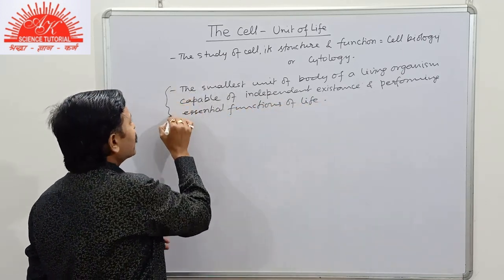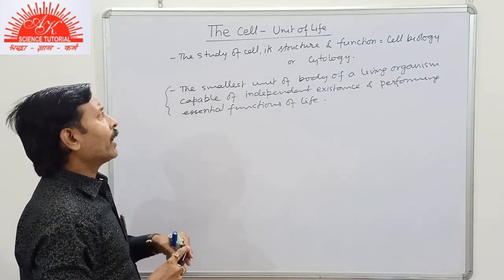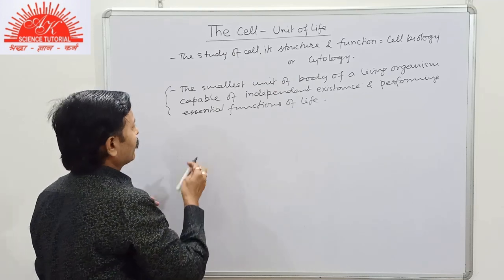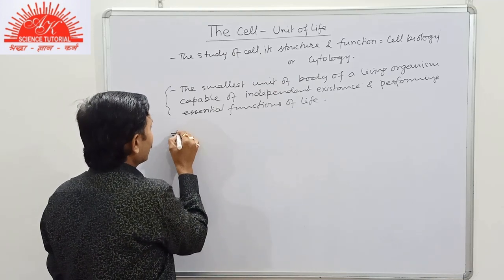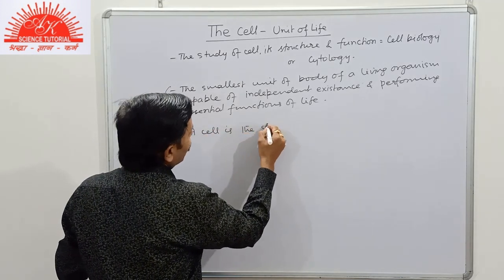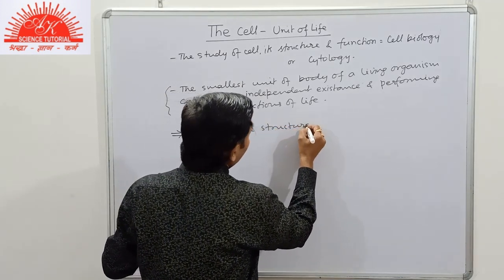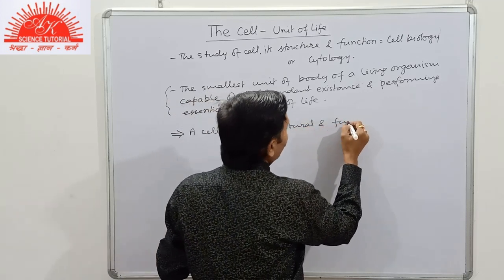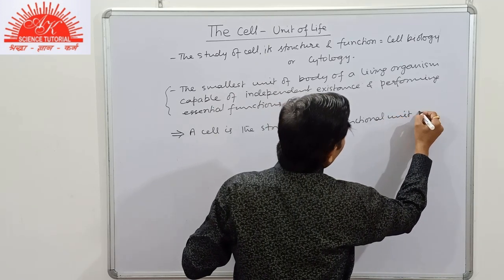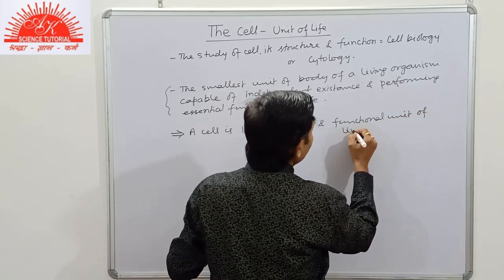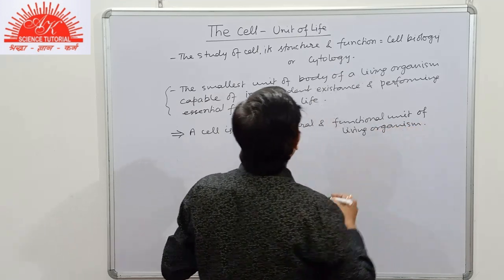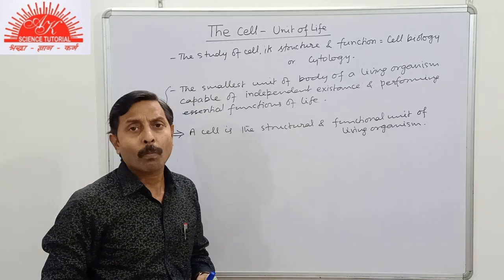So, if we have to say what the cell is, we can say the structural and functional unit of life is the cell. That is, we write here: a cell is the structural and functional unit of living organisms.